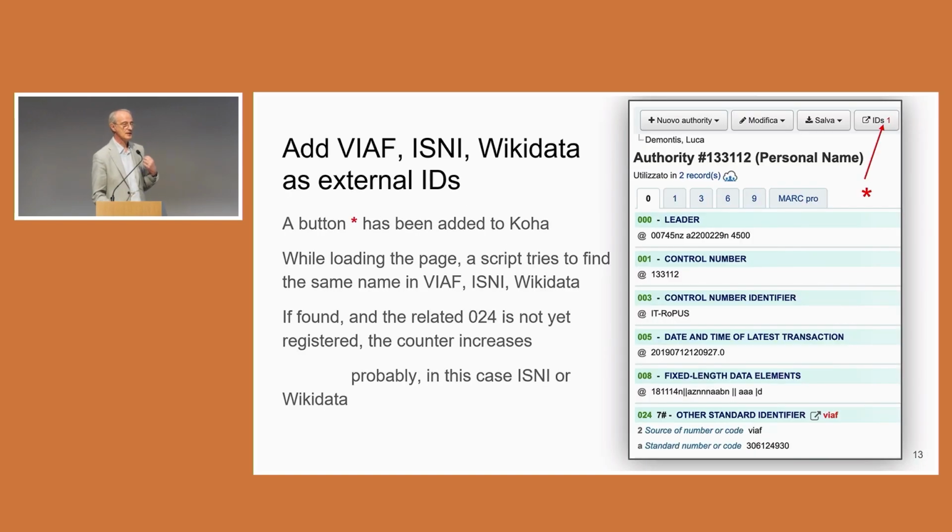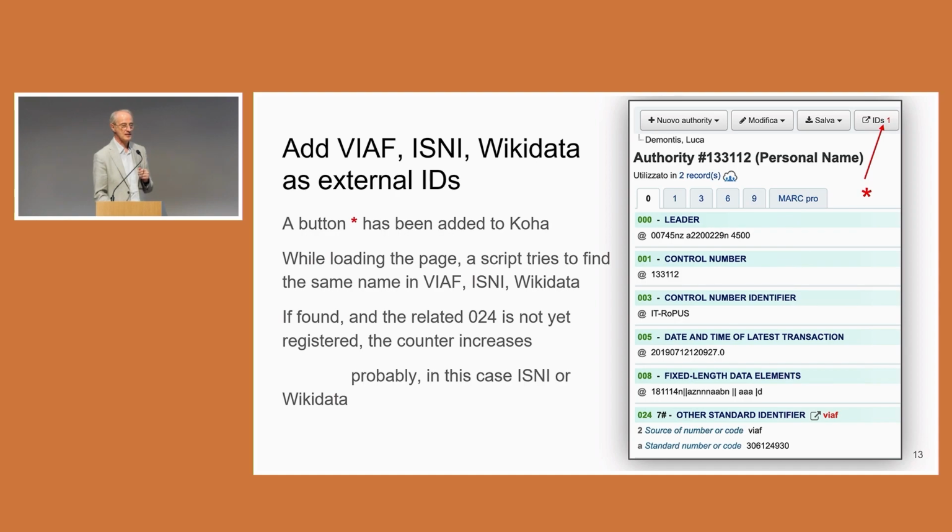Let's see a way I added to my catalog, a new button that helps you to detect if in Wikidata, ISNI or VIAF the same name is present, so you can populate the 024 tag with these external identifiers.